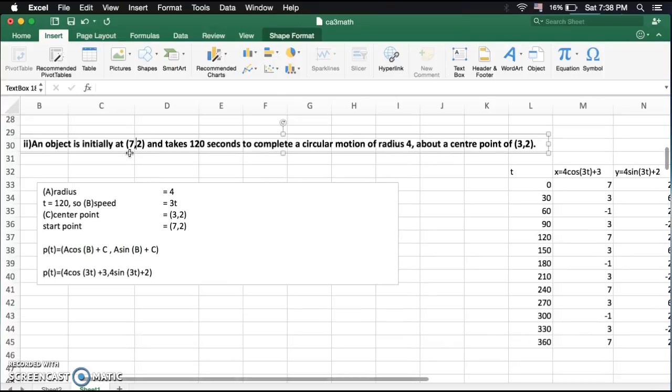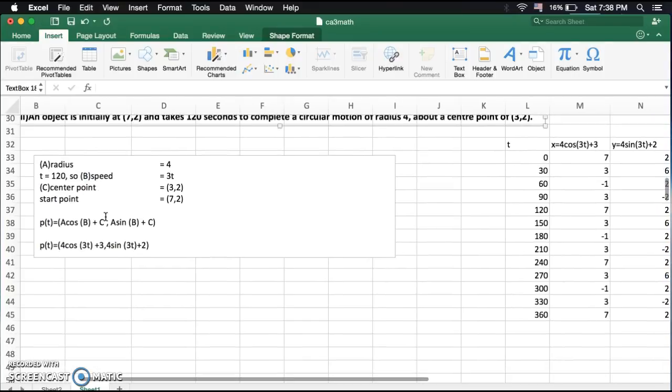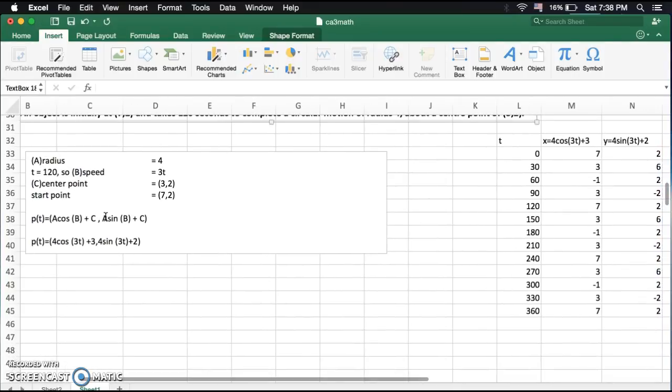To create the circular motion, we need the radius, the center point, and we need to know the speed also. The parametric equation for a circular motion is a cos b t plus c and a sin b t plus c.